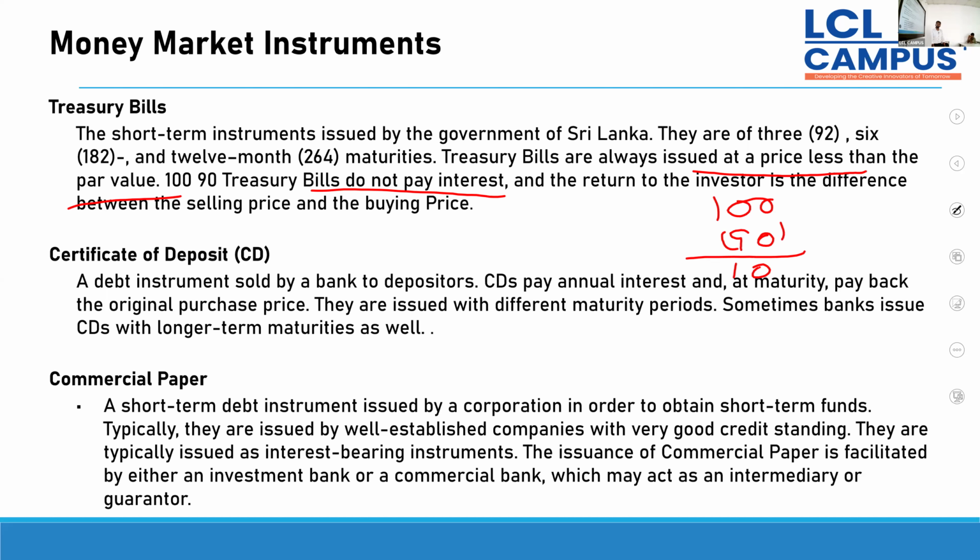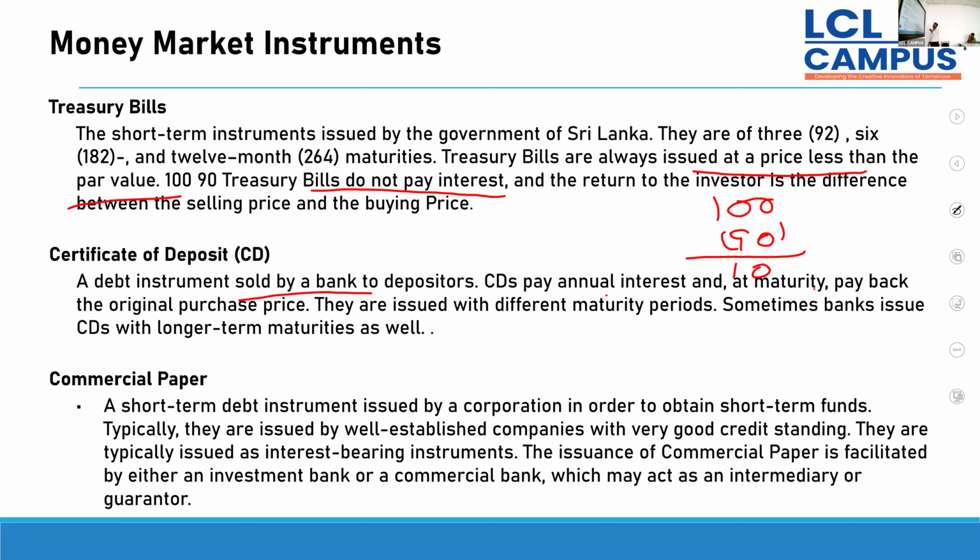Second thing, certificate of deposit. What's that? It's a debt instrument. Who are the sellers of this certificate of deposit? Banks. Banks sell to whom? Depositors. Right. So what does this pay?